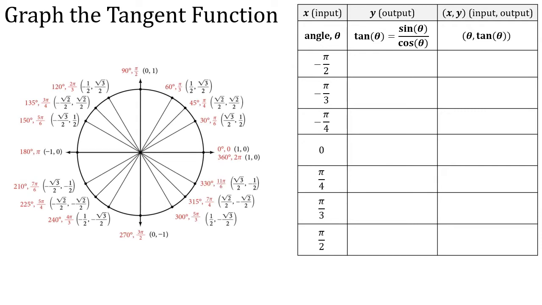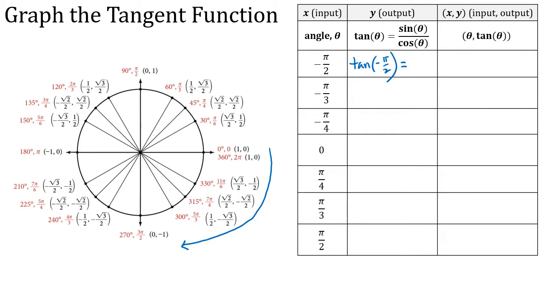So when we have an angle measure of negative pi over 2, so remember negative pi over 2 is starting on the positive x-axis and it moves clockwise. So negative pi over 2 is in the same position as 3 pi over 2. We can say that the tangent of negative pi over 2 is equal to the sine of negative pi over 2 divided by the cosine of negative pi over 2.